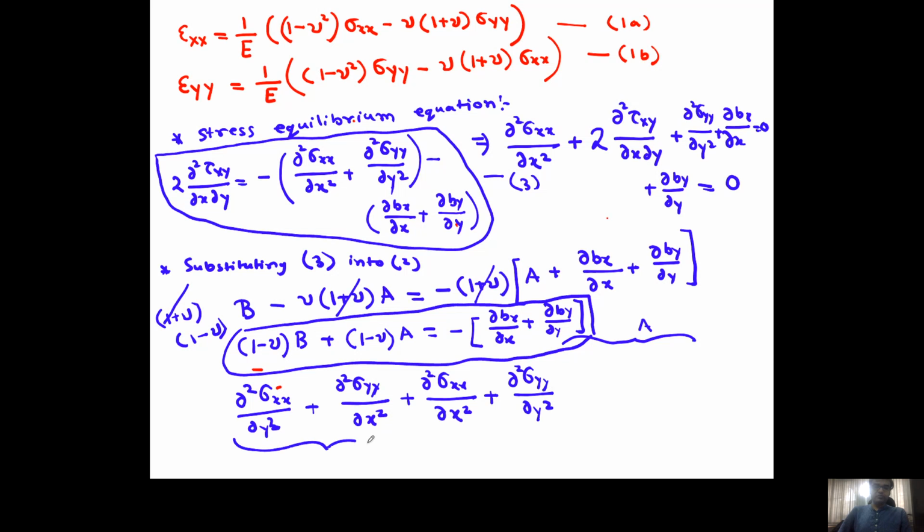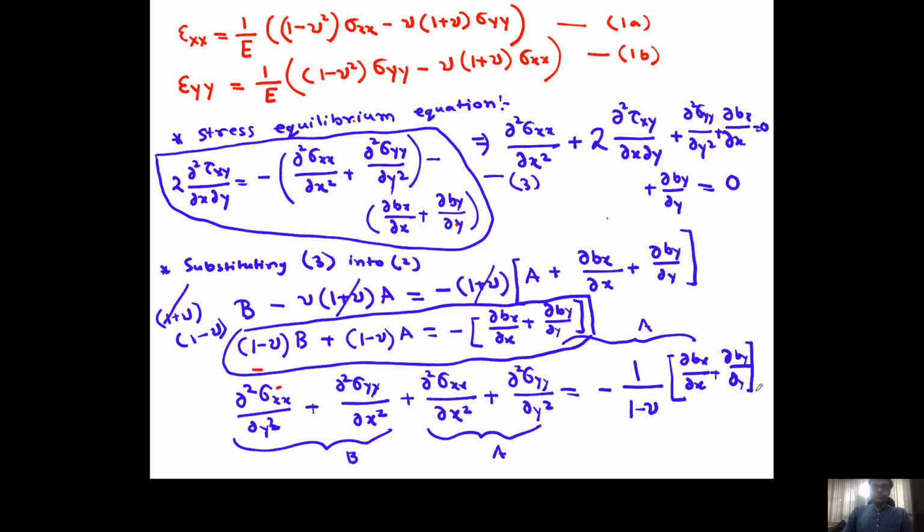So the first two terms are B, the second two terms are A, and then is equal to minus 1 by, this 1 minus nu will come into picture now. And then in the bracket, you have del bx by del x plus del by by del y.